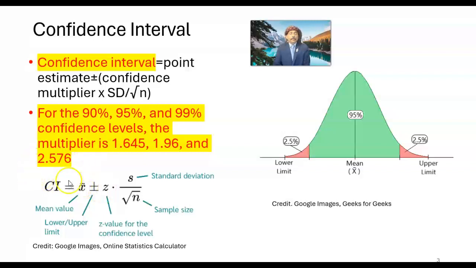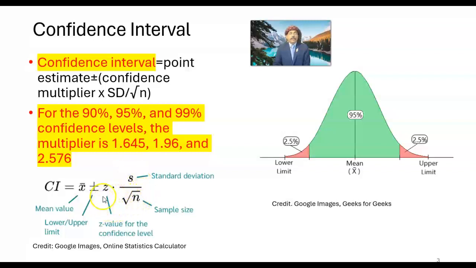So this is the formula: confidence interval equals x bar, that is the mean, plus minus z into standard deviation divided by root n. This together is the standard error.